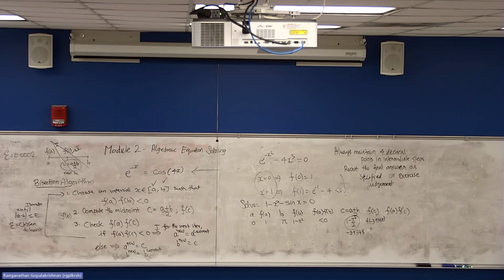Okay, what was our first value? 0 and pi, right? And C is the average of the two. Okay. And what is our f of x? 1 minus x squared minus sine of x.